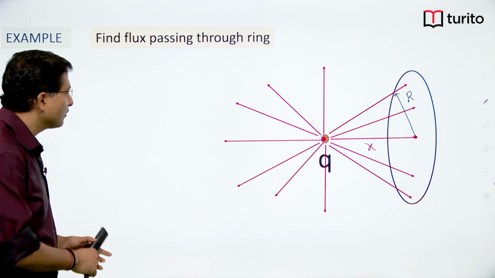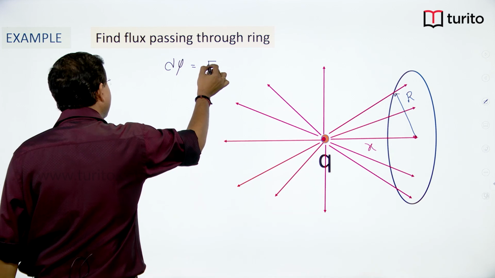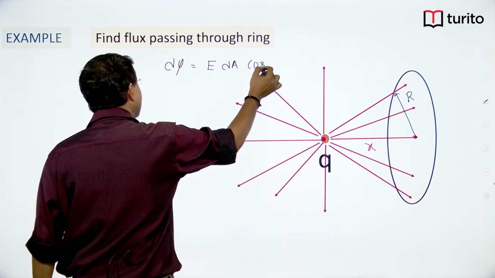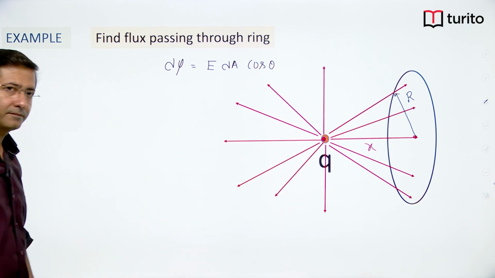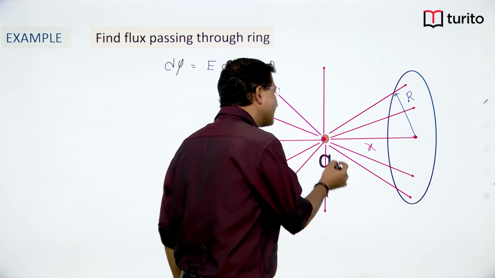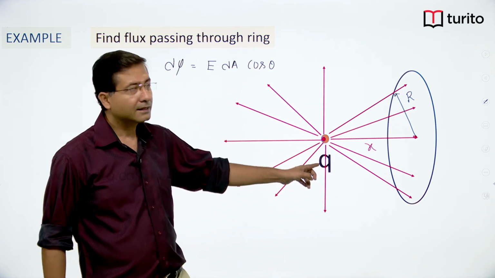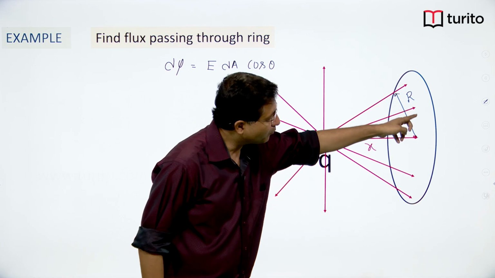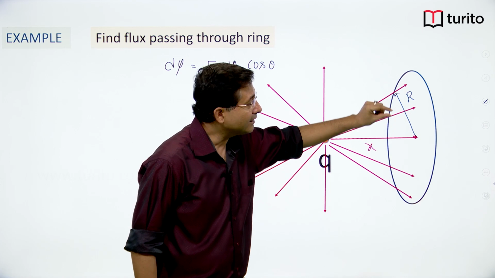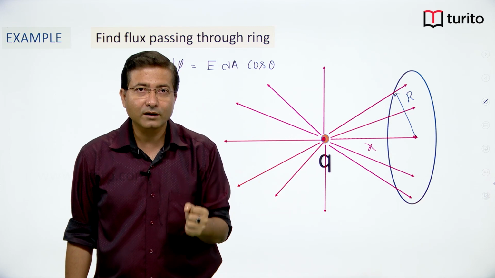then I can use the formula for flux. d phi is equal to field, area, and the cos of the angle between area and field. Now, as the intensity of the field created by this charge at different points on the ring will be different, I can take a small element and integrate to calculate the total flux.